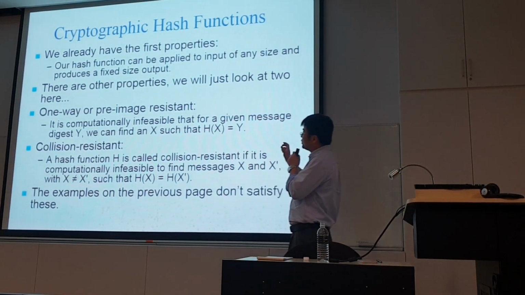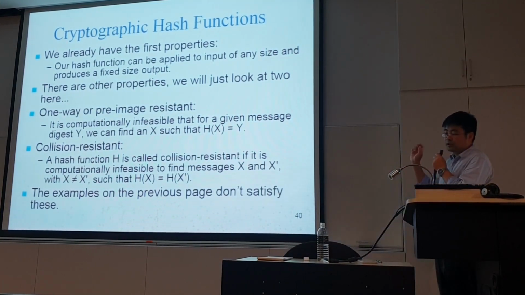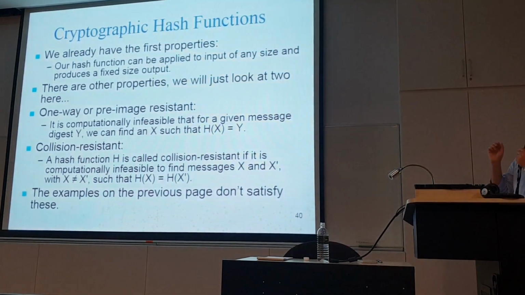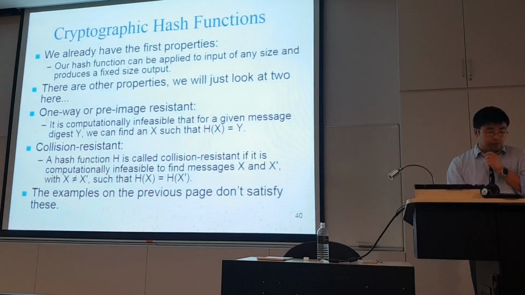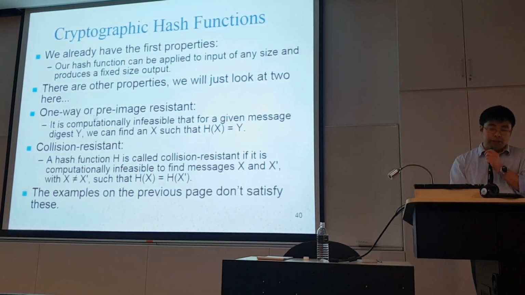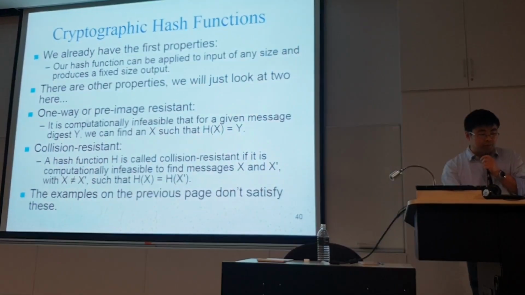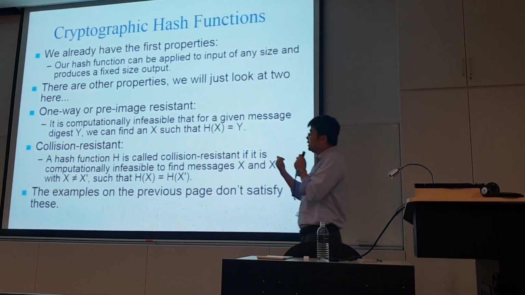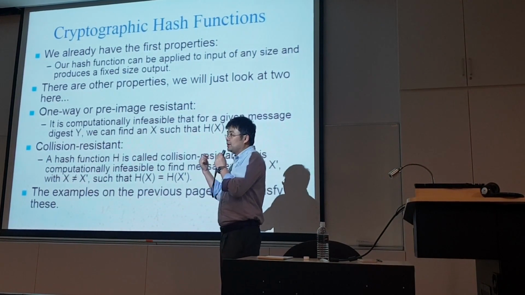So for the hash function, we require high efficiency in computation, but more importantly, we want to have some security properties. Actually there are more than two. You will study the detail in 361, and in this subject, we mainly look at the two important properties. One is called one-wayness or pre-image resistance.